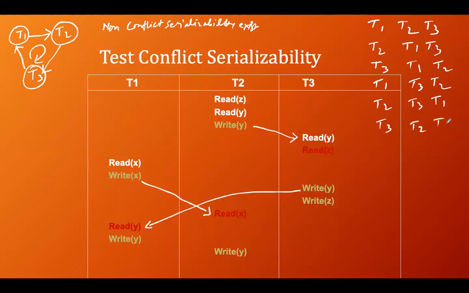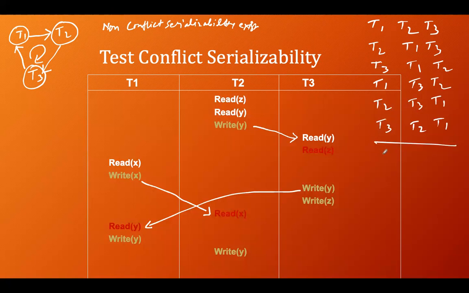Do we have any other combination? Then, yeah, so these are the possibilities, right? How many? 1, 2, 3, 4, 5, 6.